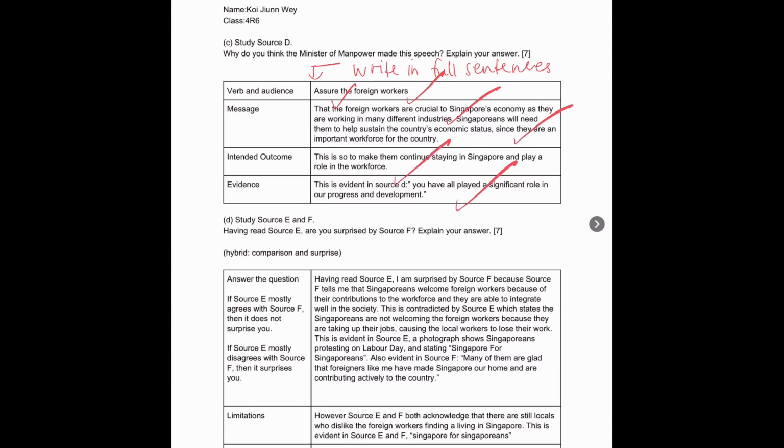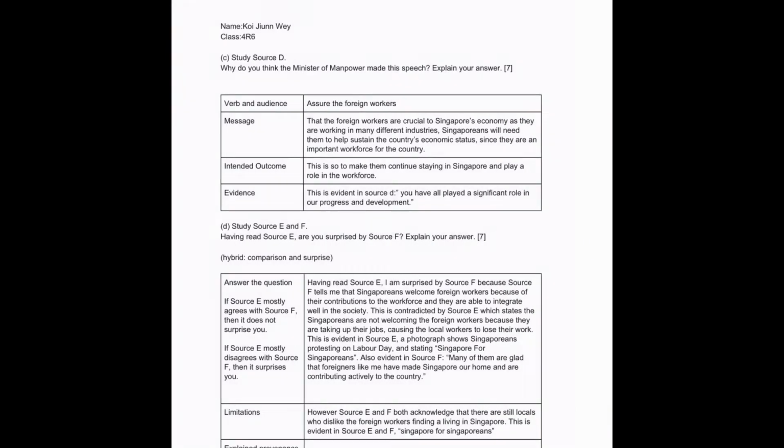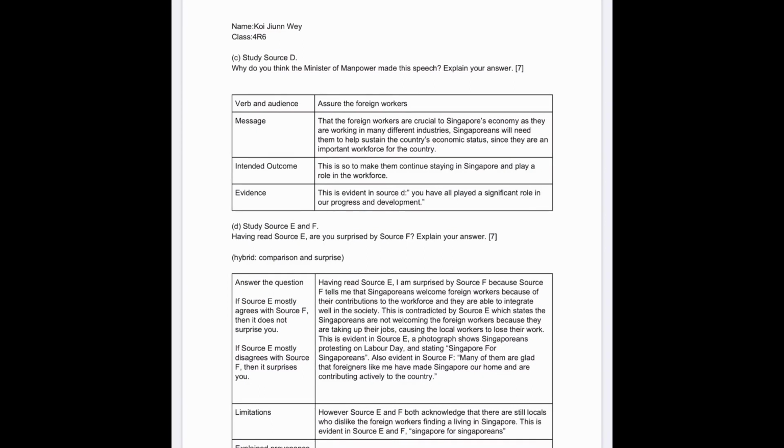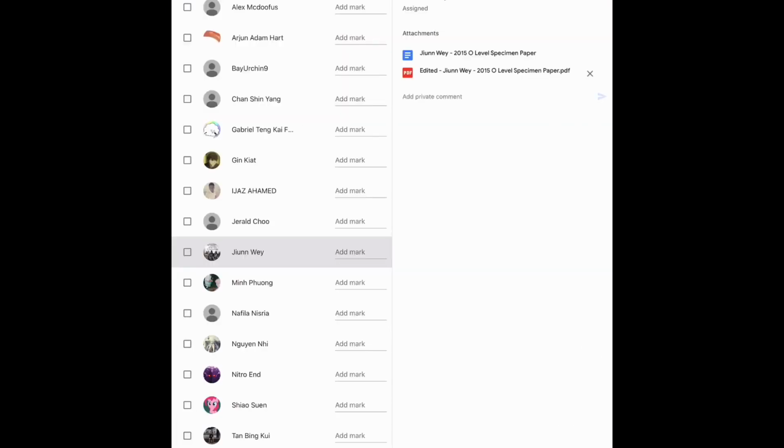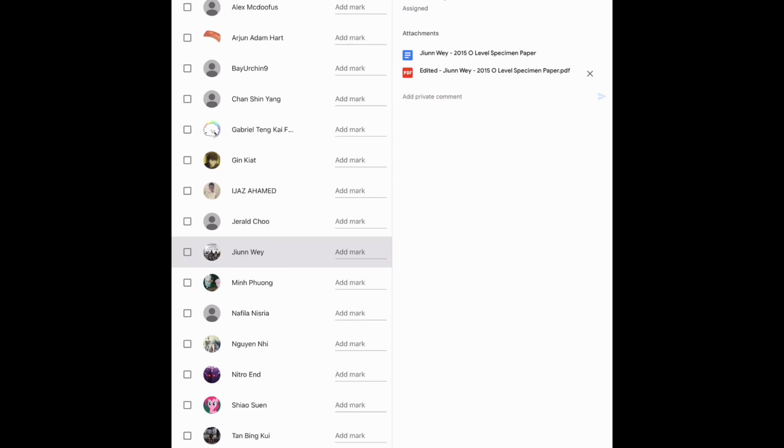Okay, great. Okay, so once I'm done, I will click on save. And then he would be able to see both his original assignment and the marked assignment, and he'll be able to do his corrections accordingly.